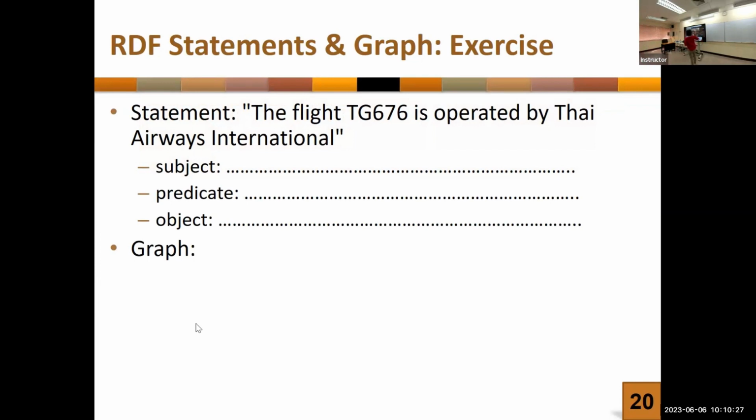I have Ramesh, Paramik, Alvin. Am I correct? Okay, I do random, alphabetically. Alvin, do you have anything that we can discuss and share? I think the subject is flight.